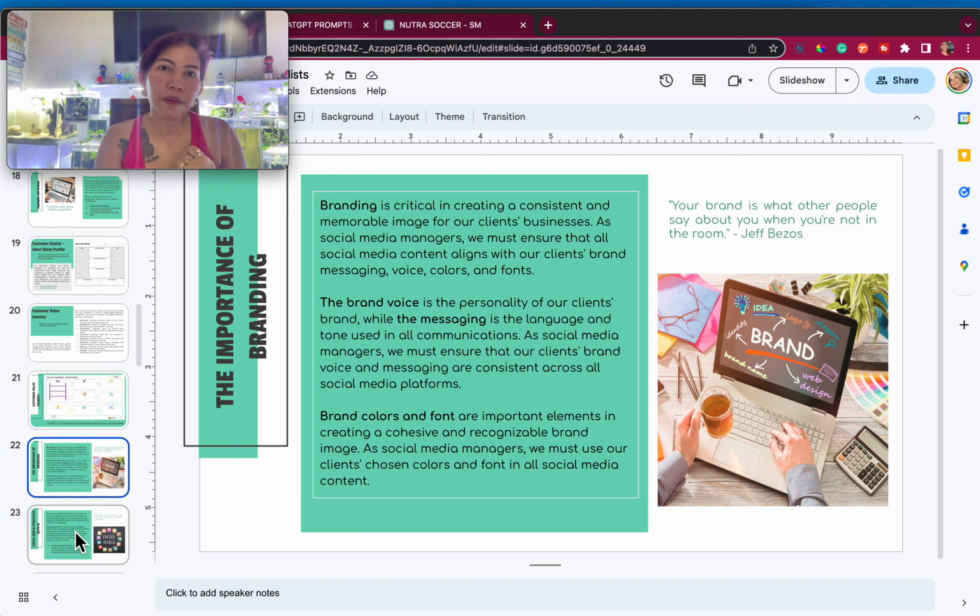So that's how important branding is. When you see Nike, this is so old, but when we see an orange check sign, we always think of Nike right away, right?